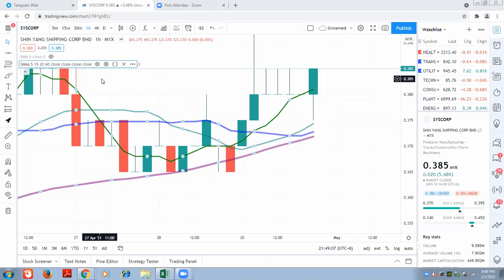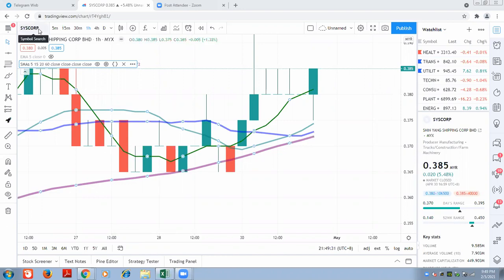So for swing purposes, use SMA20. For trend detection, use EMA 50 and EMA 200.